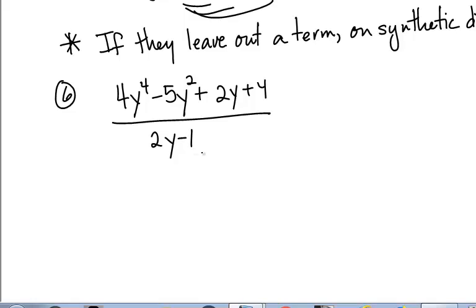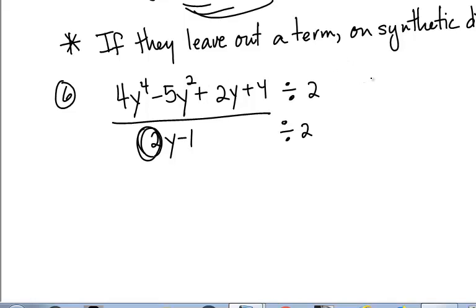First, this is a 2 here, and you can't have a number there other than 1. So what you have to do is divide this by 2 and divide the denominator by 2, if that's a coefficient other than 1.